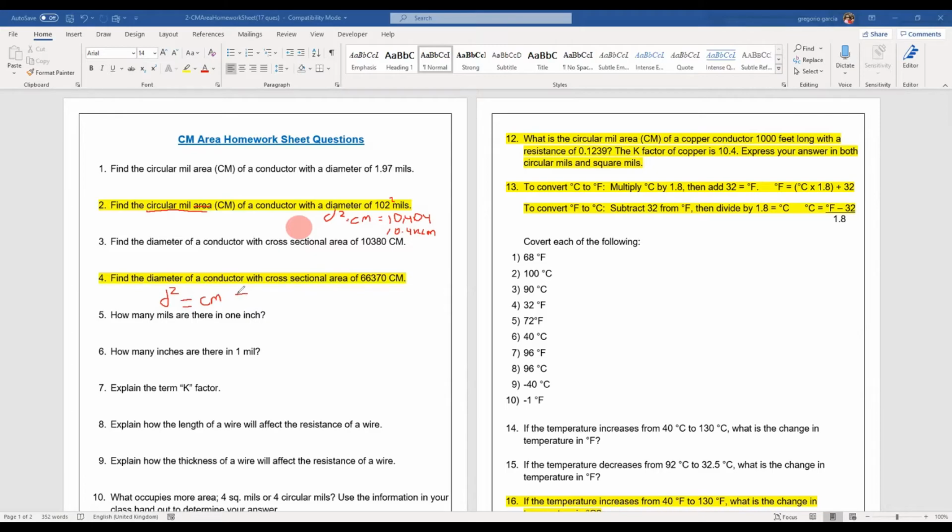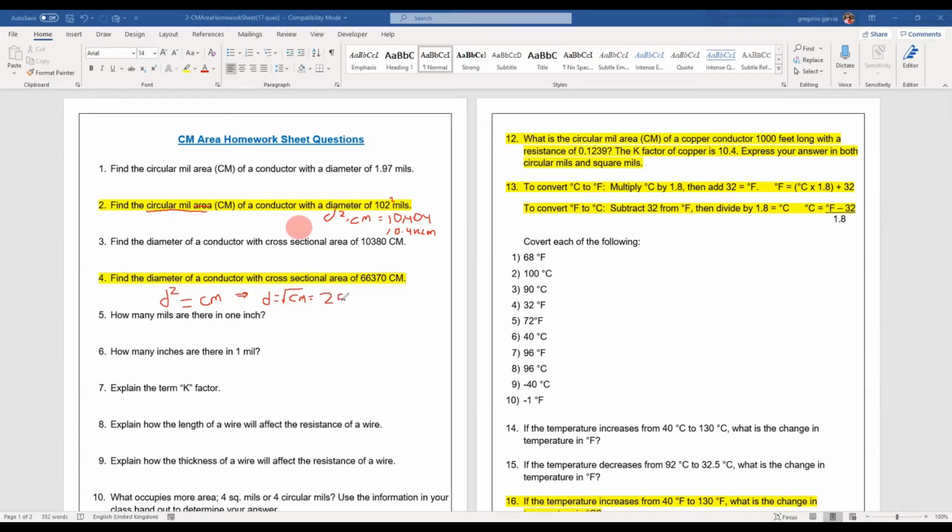In other words, we are going to have that diameter is equal to the square root of cm. And the answer will be equal to 257.62 mils. That's going to be the diameter of our conductor.